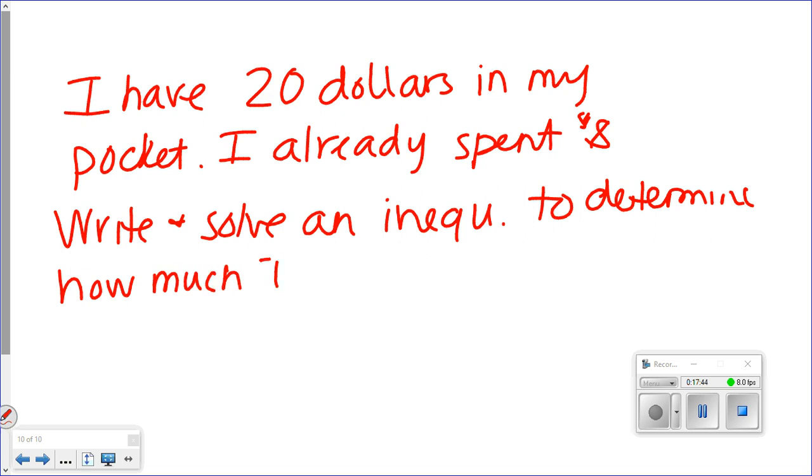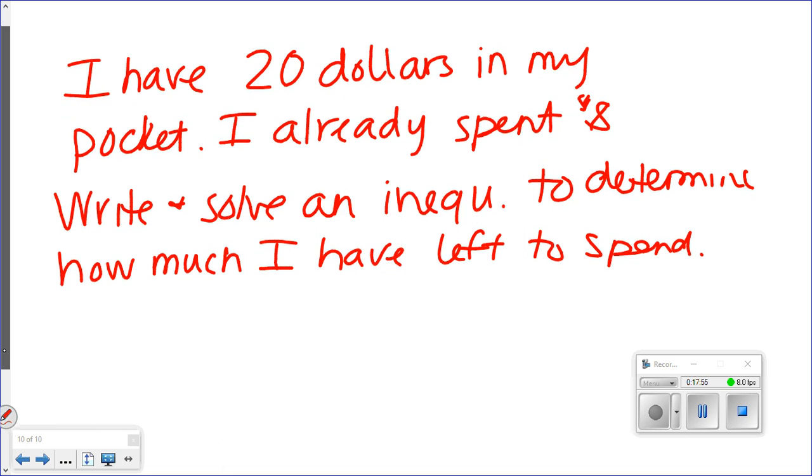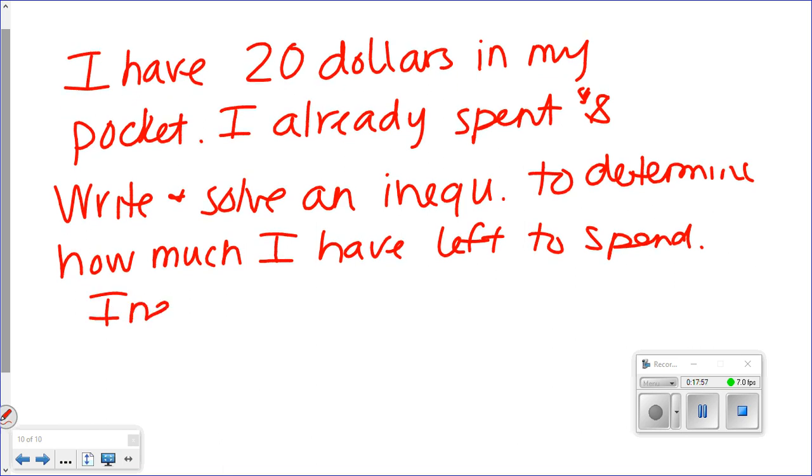How much I have left to spend. Okay, so write the inequality and then solve it. If you're not sure, talk with the buddy beside you, or stop me on the way by.